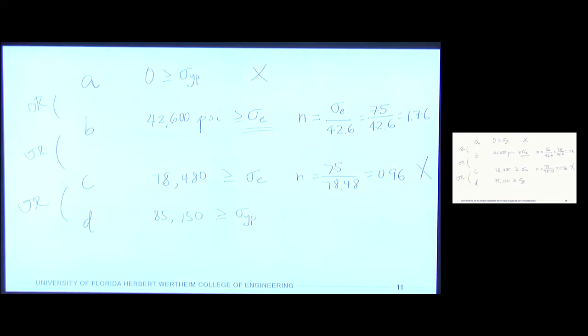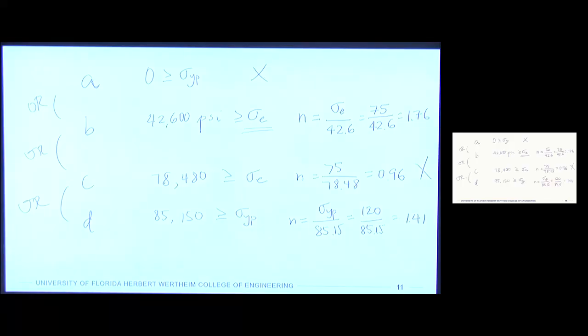And for the final one, we don't actually have the endurance limit in that one. We just compare with the yield point. So it's the yield point divided by ours, 85.15. Yield point was 120. So we come up with 1.41.